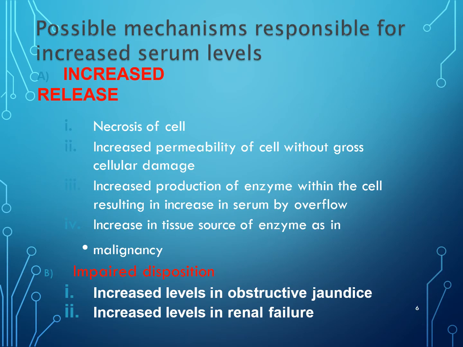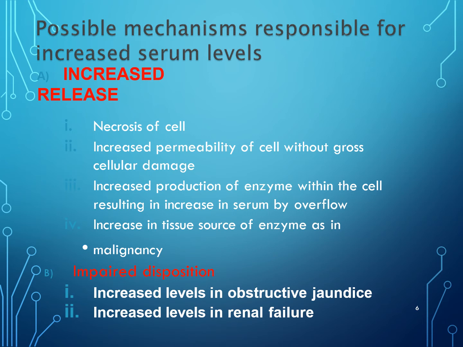What are the possible mechanisms responsible for increased enzyme levels in the serum? First, increased release of enzymes may be due to cell necrosis and also due to increased cell permeability without any gross cellular damage. Sometimes overproduction of enzyme leads to overflow of the enzyme from the cell.